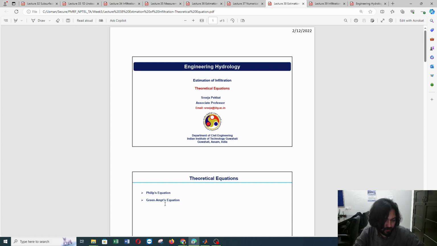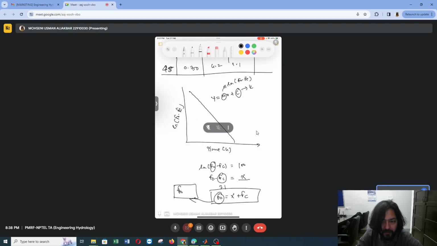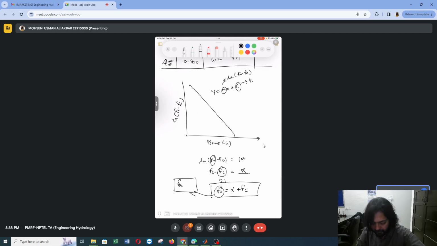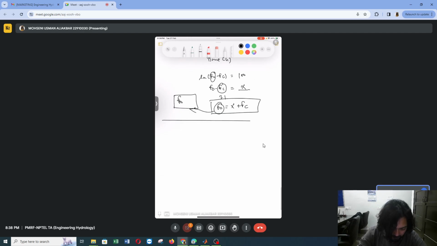I think we can take one example here in order to calculate infiltration for the Green-Ampt model. Instead of waiting for the next class, we can solve a numerical now as well. So we'll take an example based on the Green-Ampt equation only. Let us say we have a Green-Ampt model.